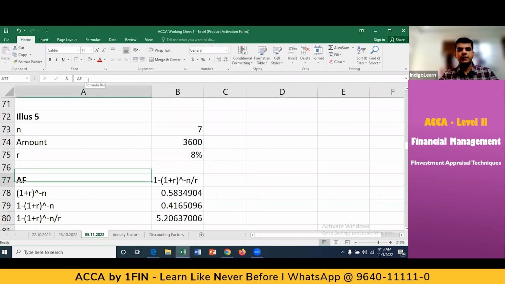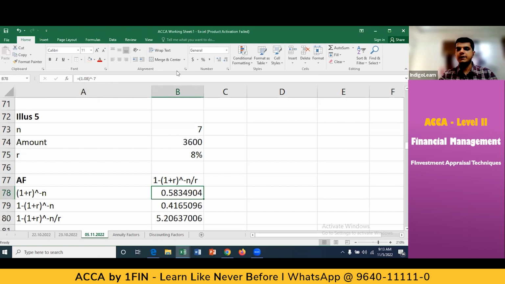Okay. Formula: annuity factor is equal to 1 minus (1 plus r) to the power minus n, whole divided by r. So first we calculate (1 plus r) to the power minus n, that is 1.08 to the power minus 7. Then we calculate 1 minus (1 plus r) to the power minus n.